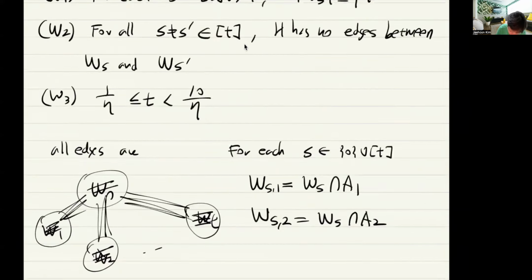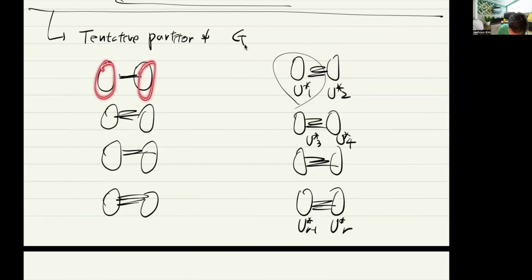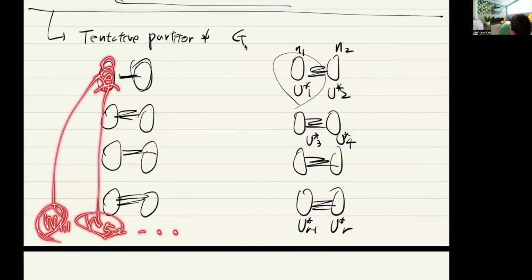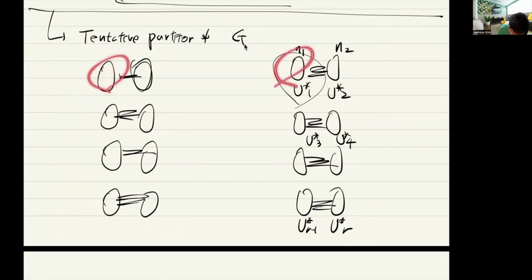Our goal was to somehow partition your H in this way so that here the number of vertices is very close to N1, and here the number of vertices is very close to N2, etc. And then we take this partition curly W1, and in there we have this W1,1 and, say, W5,2, etc. We will assign that to here. We will take the union here, and it will have roughly the same size as Ni.